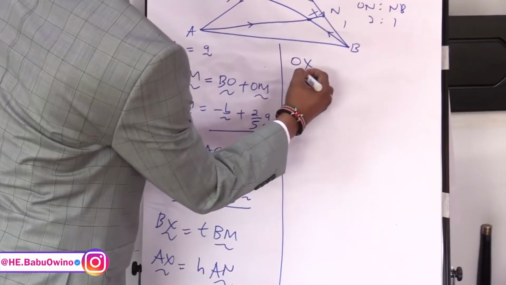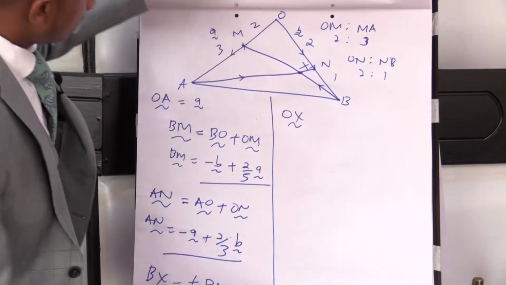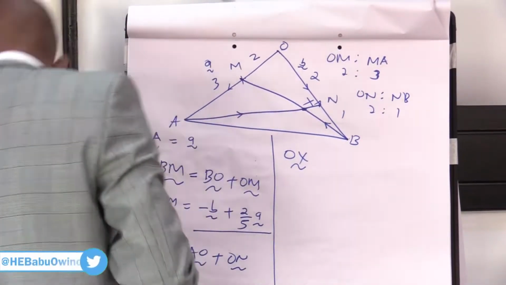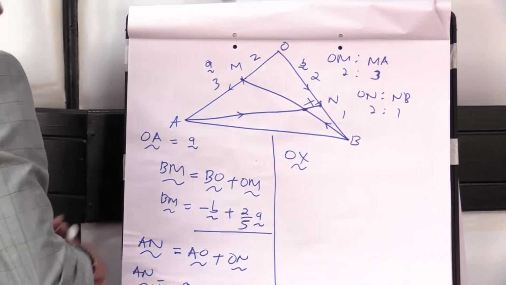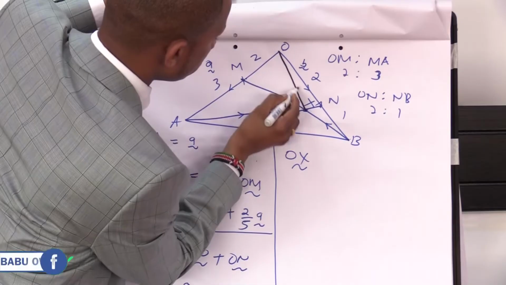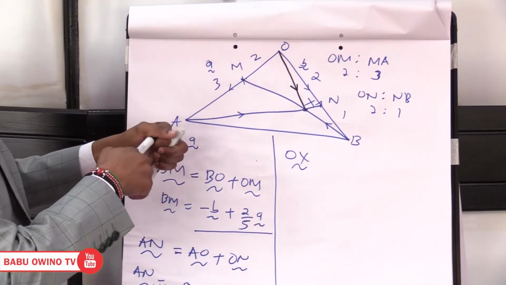So OX in two different ways. You just draw a line from O to X. So how do we move from O to X?